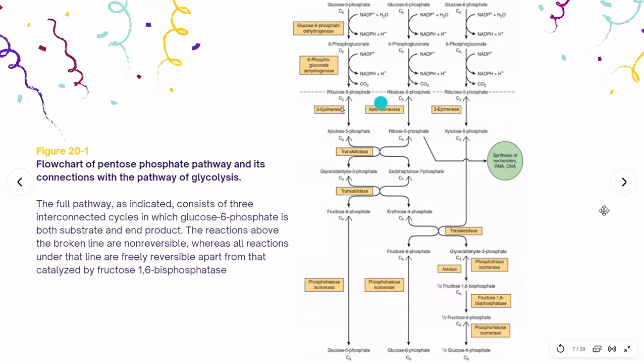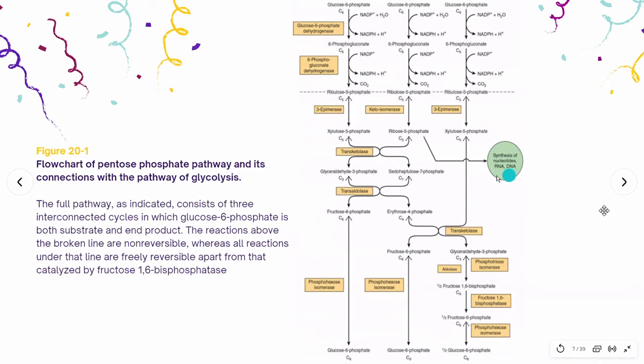Okay, so what are the pentoses you have here? Now this one here, 3 epimerase produces xylulose 5-phosphate, but this one, ketoisomerase, produces ribose 5-phosphate. And where will this ribose 5-phosphate go? Some of it goes to the synthesis of RNA and DNA.